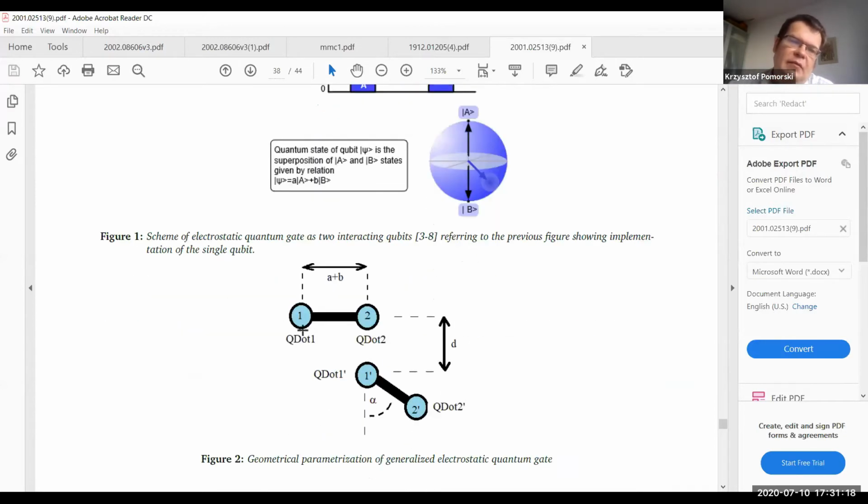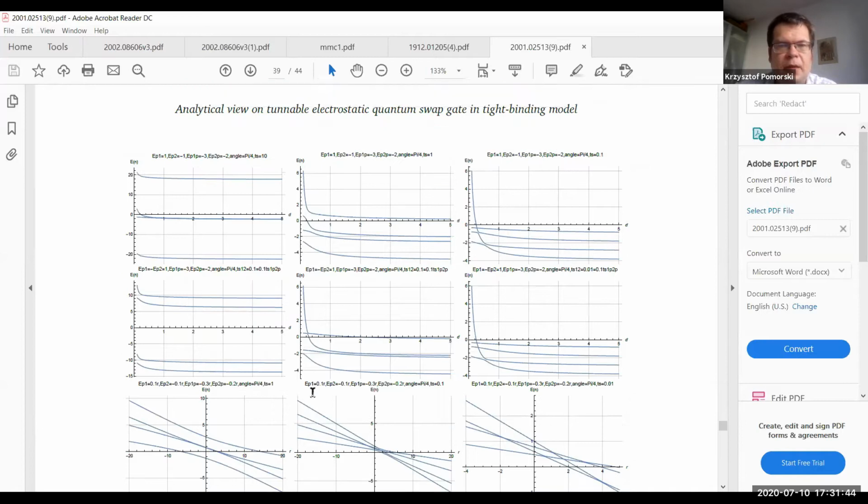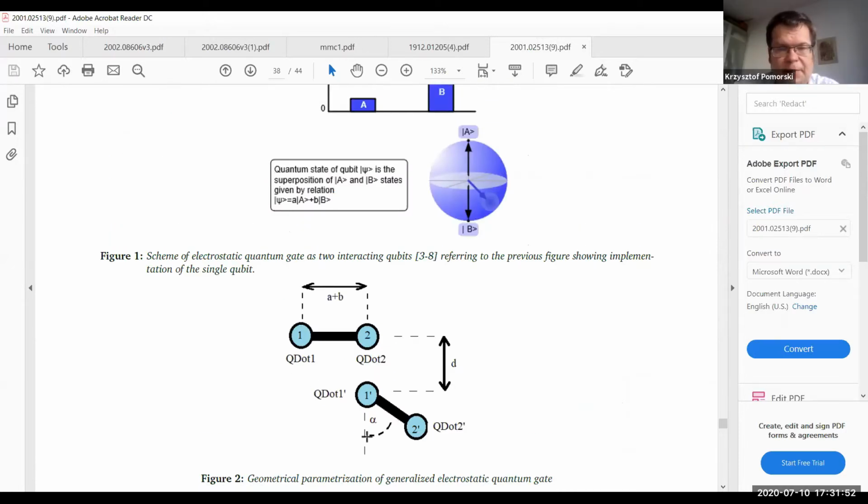All right, and then we have two possible interacting qubits. We don't really concentrate on their detailed structure, but it's just written in a symbolic way. So there is a parameter, an angle.